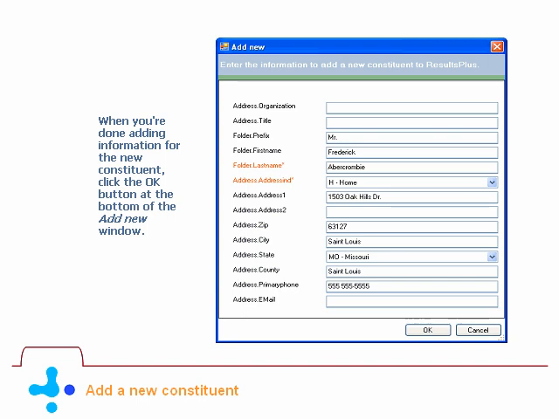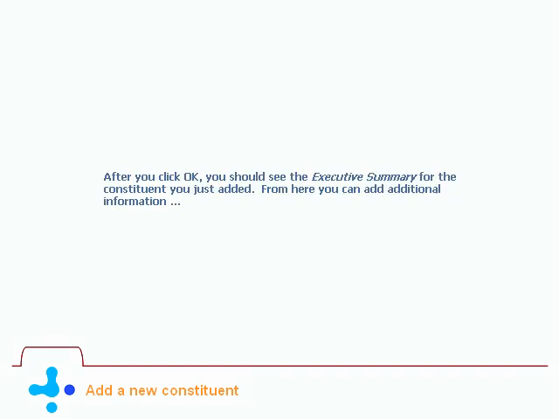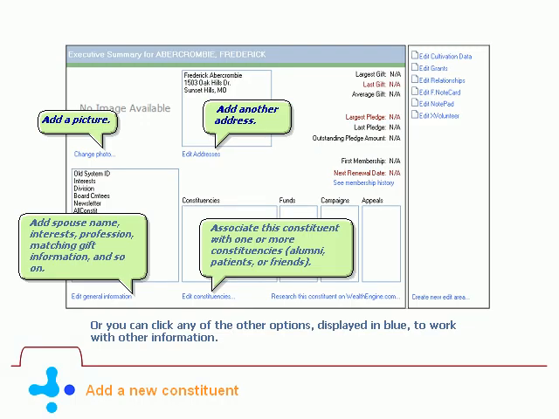When you're done adding information for the new constituent, click the OK button at the bottom of the Add New window. After you click OK, you should see the executive summary for the constituent you just added. From here, you can add additional information. You can click Change Photo to add a picture, or click Edit Addresses to add another address.